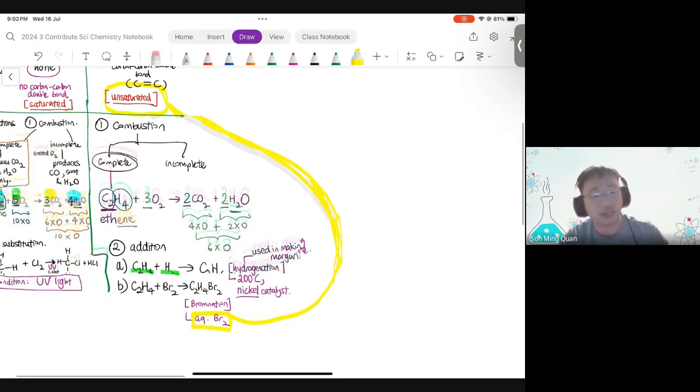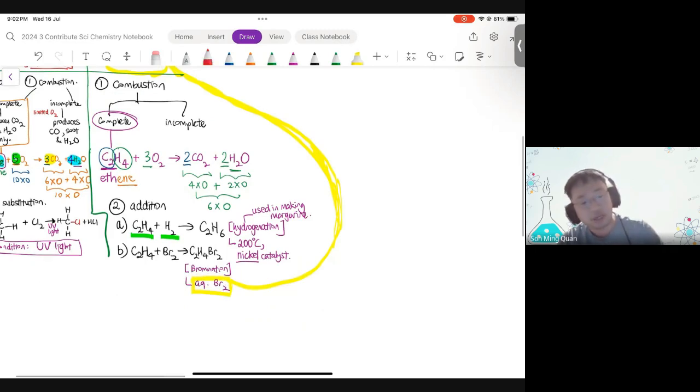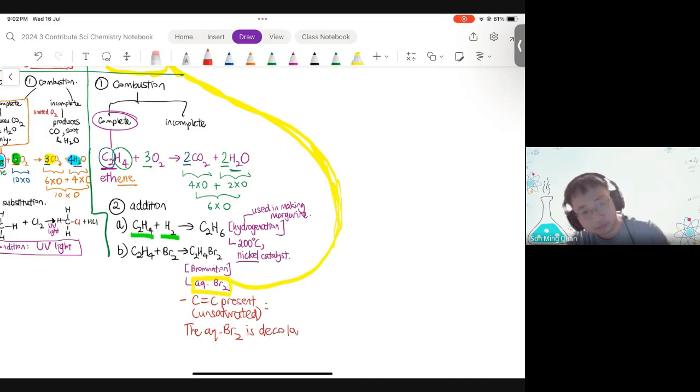Why? And this is where we write down. If there is carbon-carbon double bond present, it's unsaturated. The aqueous bromine is decolorized. It's decolorized from reddish brown to colorless.